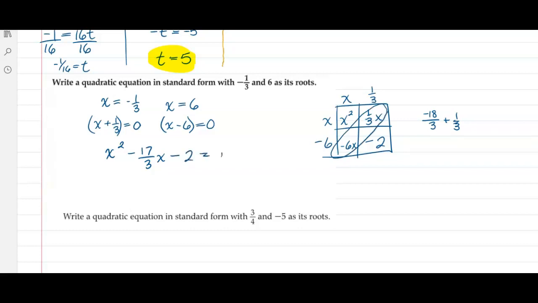minus 2. Now the only thing left, we want to multiply this entire equation by 3 so that we can cancel out this fraction. So we'll end up with 3x squared, take away 17x, minus 6 equals 0.